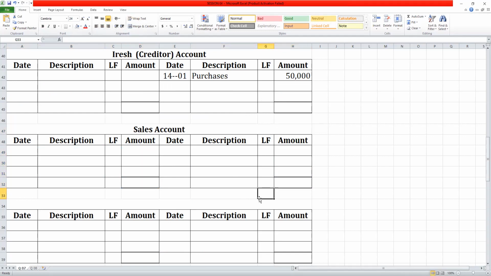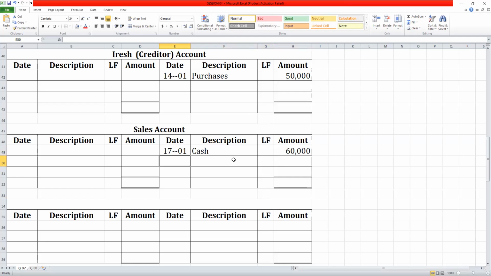Sanuka, good. Sales is an income. Now, as a result of a cash sale, what happens to the sales? 17th January, cash sales increases, no? Increase in income is credit. 60,000. Got it?